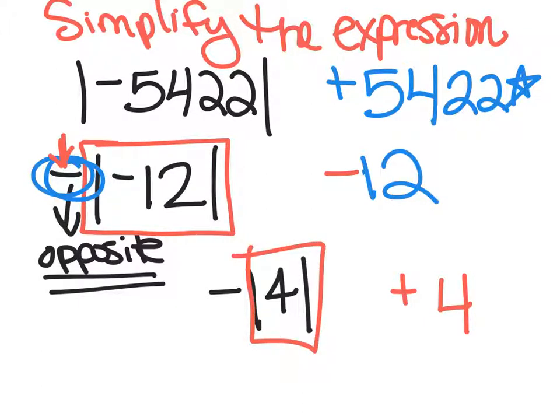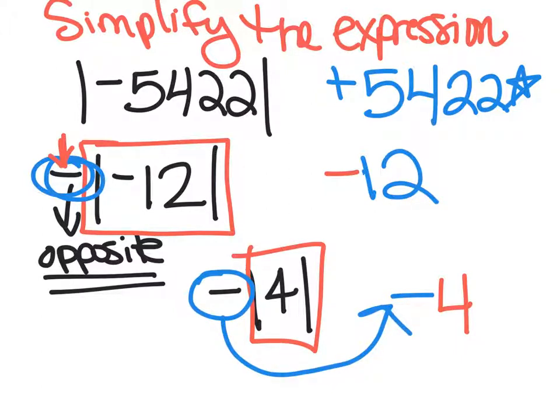But we have that sign right here that tells me that I need the opposite. So we are going to erase our positive sign, and we're going to make it a negative sign because it asks for the opposite, okay? That's the only time you do that, is when the opposite is out there, okay?